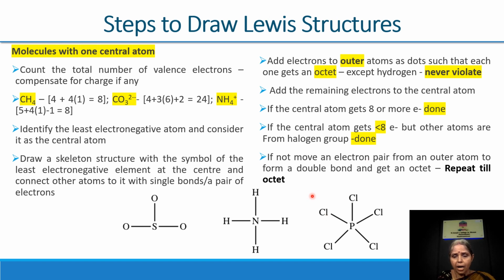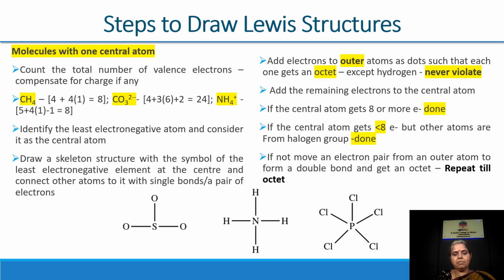So, you keep on repeating until the central atom also gets an octet of electrons. So, octet is not required if the outer atoms are halogens. That rule is there. But octet is required if the outer atoms are not halogens. You have to convert one lone pair into a pi bonding pair. Even then if it is not satisfied, do it with another atom and get another pair of electrons.